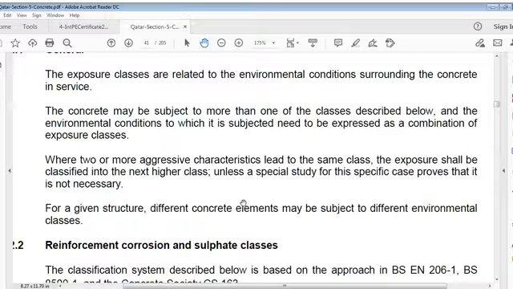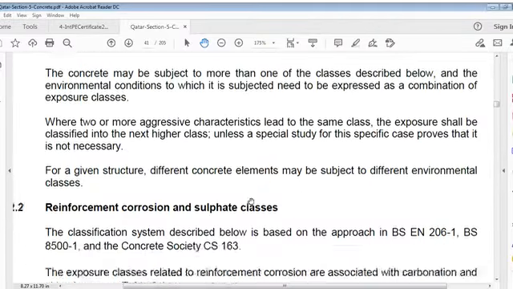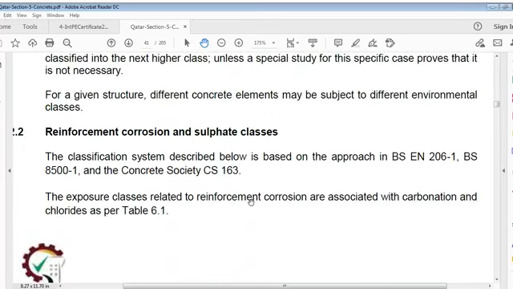Where two or more aggressive characteristics lead to the same class, exposure shall be classified into the next higher class unless a special study for this specific case proves that it is not necessary. For a given structure, different concrete elements may be subject to different environmental classes.